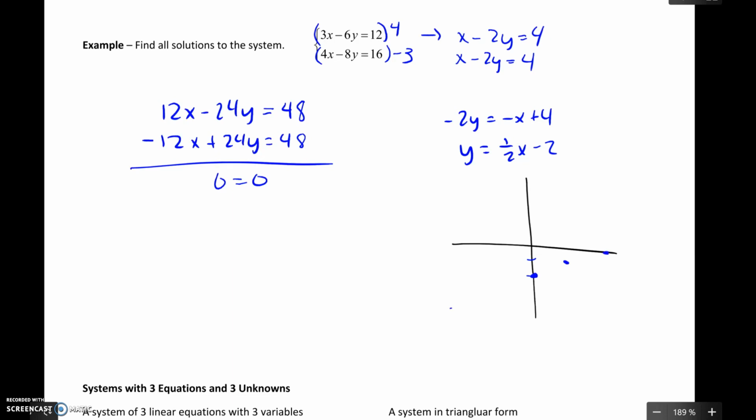So notice that all of the points along this line are solutions. So I need to write how these are related to each other as my answer to the problem. So this has infinite solutions.